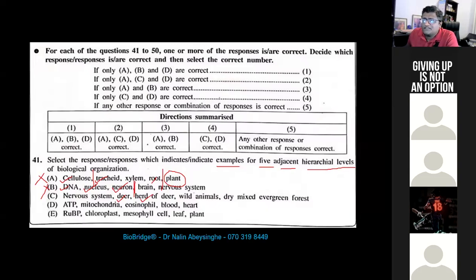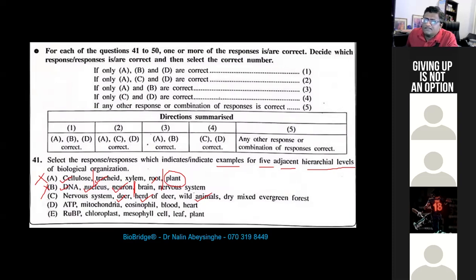Then populations get together to form a community. In a community, you get all the living organisms in that particular area. Animal community, plant community, right? Animal and plant community. Everything is there. Now, that's the next.